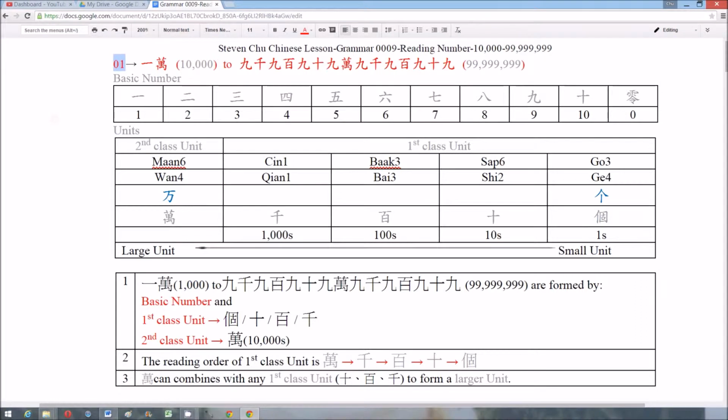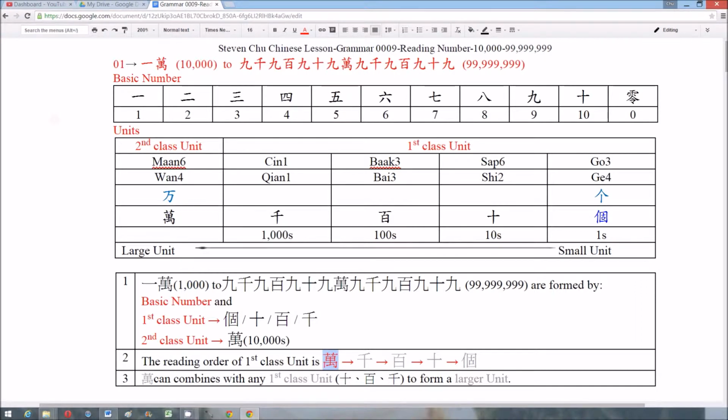Number 1. If we want to read the number from 10,000 to 99,999,999, we need the basic numbers 1, 2, 3, 4, 5, 6, 7, 8, 9, 10 and 0, and the units. The first class units are 个、十、百、千, and we also need the second class unit 万.